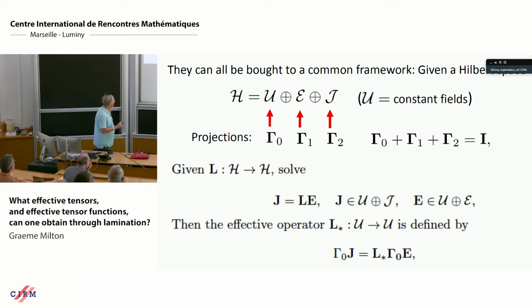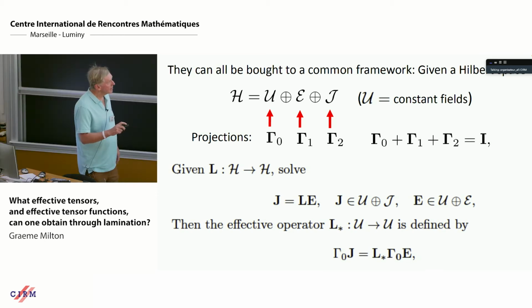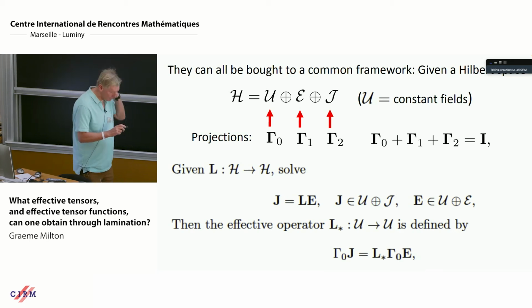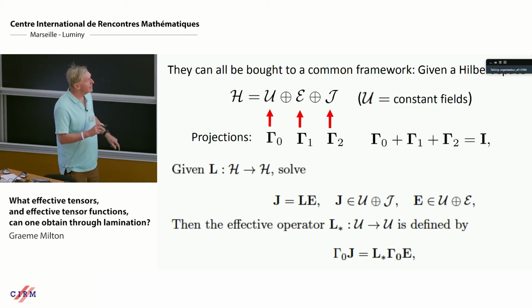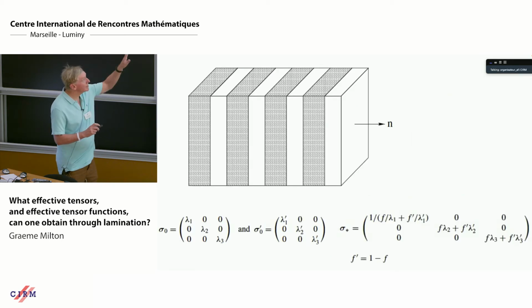Then you look for solutions to J equals LE, where J is in the span of U and calligraphic J, and E is in the span of U and calligraphic E. The effective tensor is defined by the projections of J and E onto U. I won't be saying much more about these abstract things, but I will come back to these gamma operators a little bit later.